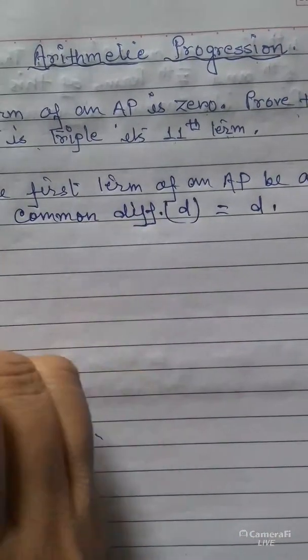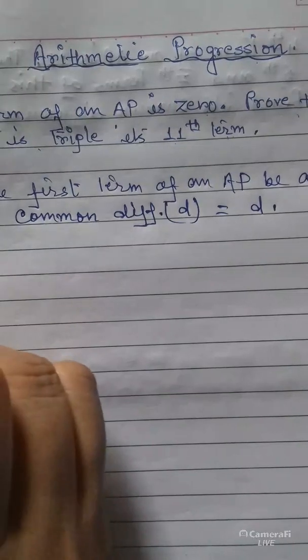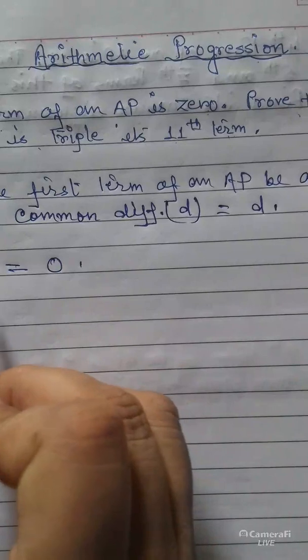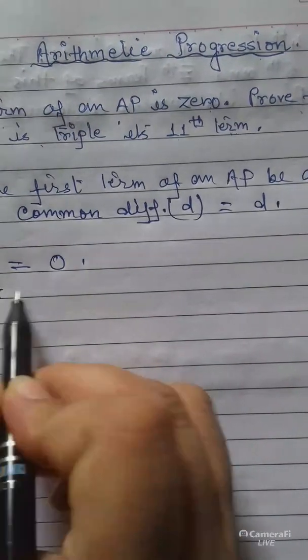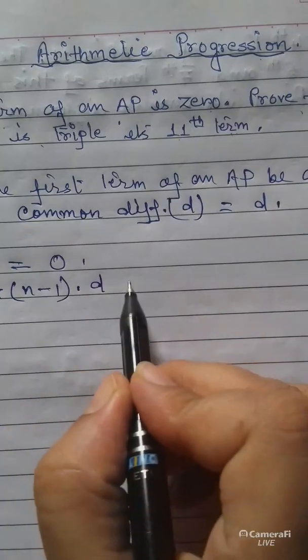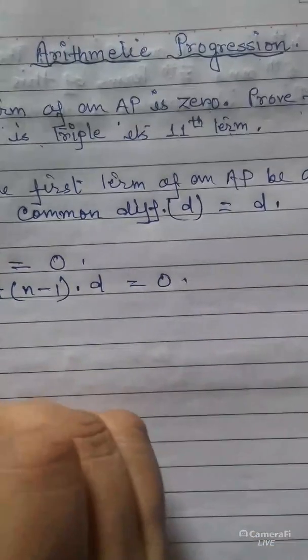So T4, according to the question, T4 equals 0. So the formula is A plus (n minus 1) into D equals 0.